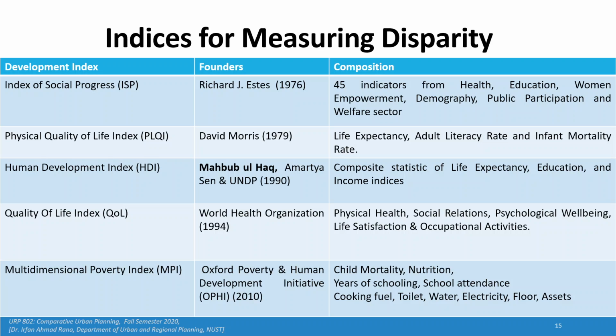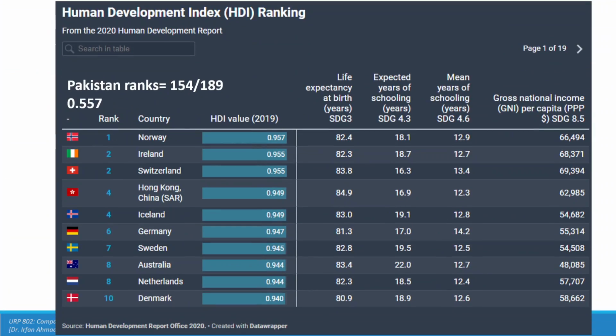And quite recently, the Multidimensional Poverty Index has emerged as a powerful tool to measure inequality within the human development component. In the case of Pakistan, as of 2020, Pakistan ranked 154 out of 189 countries included in the analysis.